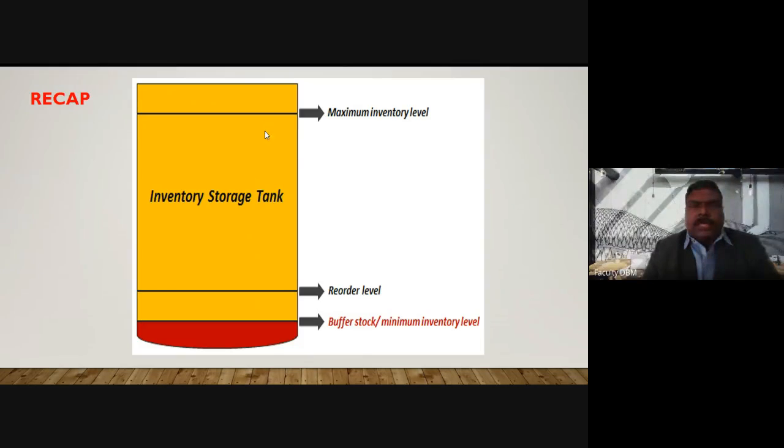Up to here we use the stock and send it to the clients, customers, retailers or wholesalers, and the buffer stock will be used until we refill the stock, that is the minimum stock level.